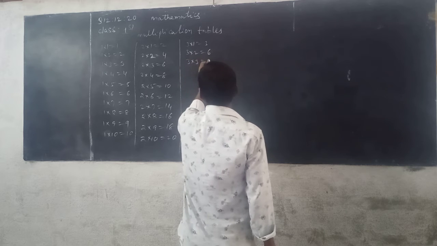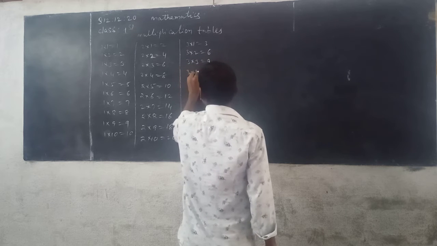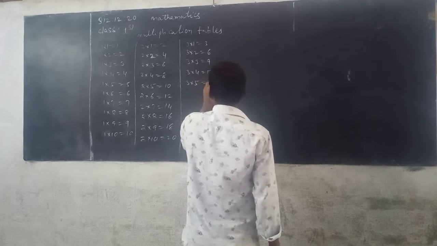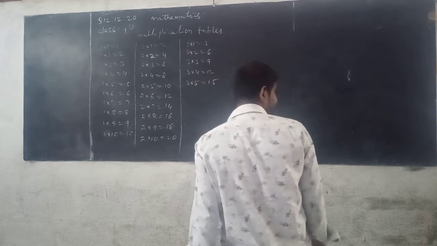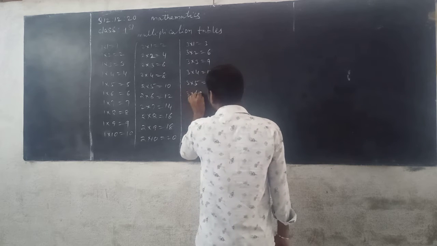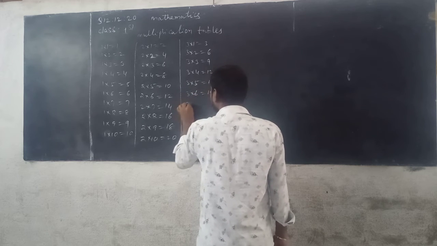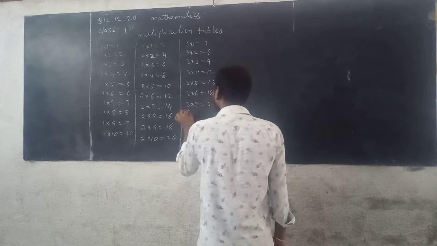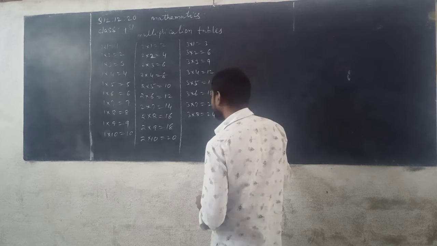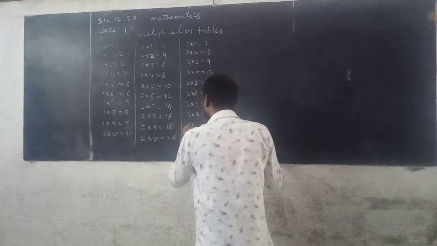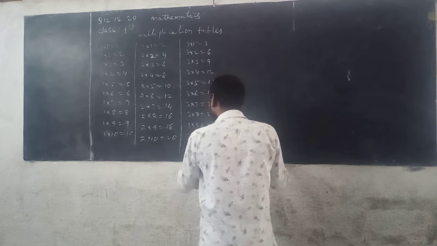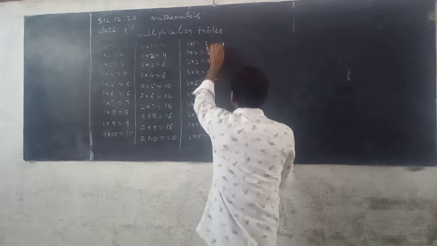Three threes are 9, three fours are 12, three fives are 15, three sixes are 18, three sevens are 21, three eights are 24, three nines are 27, three tens are 30.